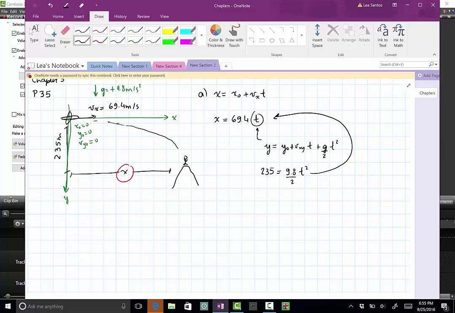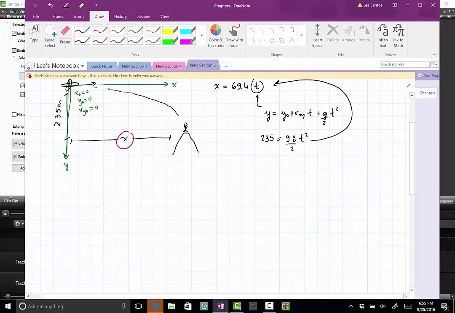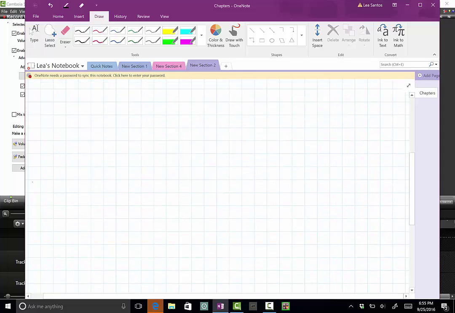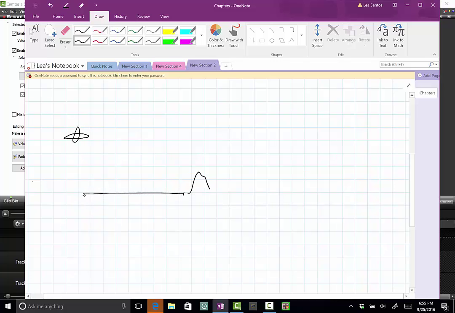Okay, now let's go to the next problem. The next problem is a little different. Instead of finding this position, they tell us that the goods are sent when the plane is at a fixed position away from that mountain, a fixed distance in the horizontal direction, and this distance is 425 meters.